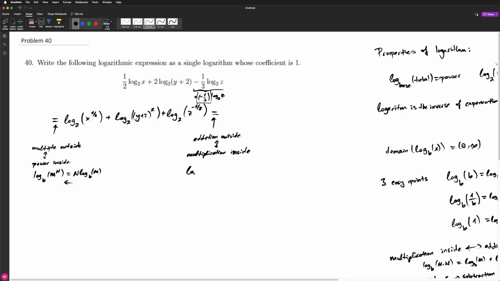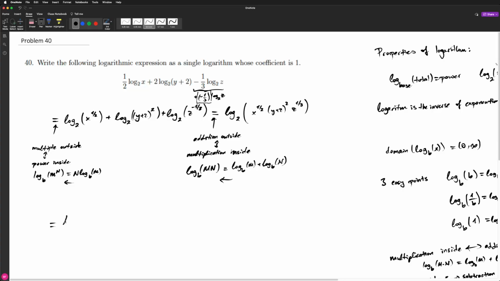Rule: logarithm of product is the same thing as sum of logarithms, but we'll be using this rule in the direction where we condense, right? We have more log terms, we want to end up with fewer. So one big logarithm: x to 1/2 times y plus 2 to the second power, z to the power negative 1 over 3, all base 2.